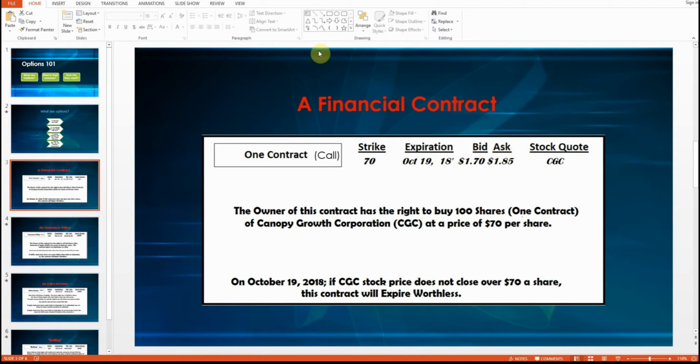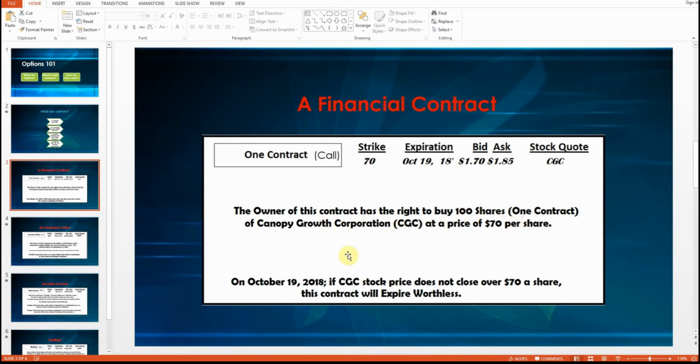So if you wanted to buy this contract, you'd have to pay $185 for it, times 100 shares. So it'd be $185 for this one contract on CGC, Canopy Growth Corporation. So the owner of this contract has the right to buy 100 shares of Canopy Growth Corporation at a price of $70 per share.